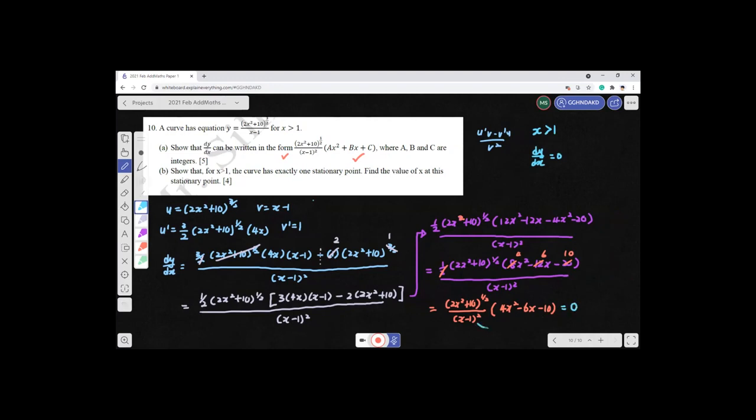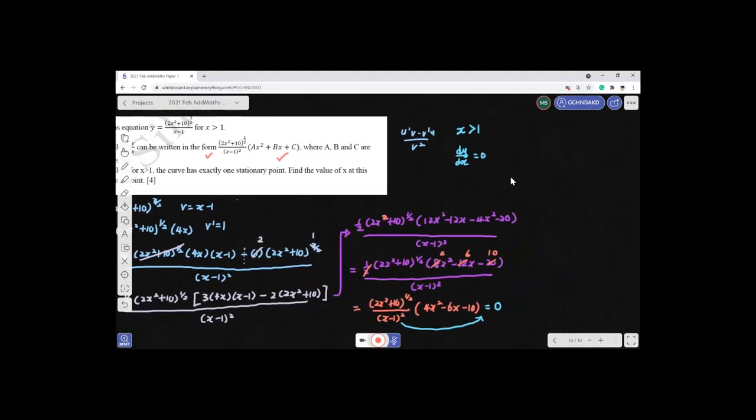If I bring the bottom to the other side, it becomes 0. What you will be left with is just the top part. So it will be (2x squared plus 10) to the power 1 over 2, and another one, 4x squared minus 6x minus 10, equal to 0.